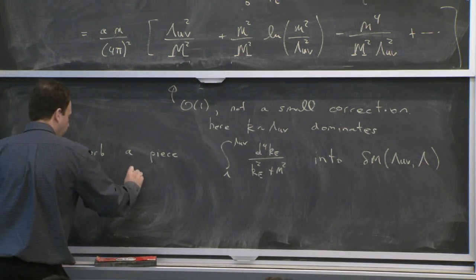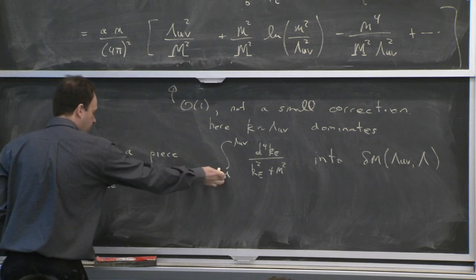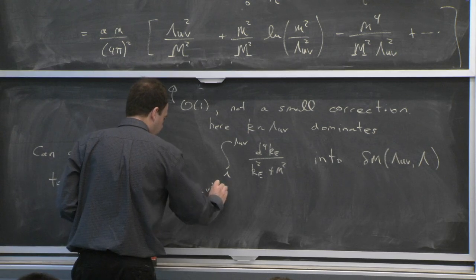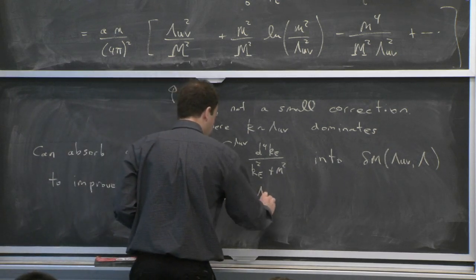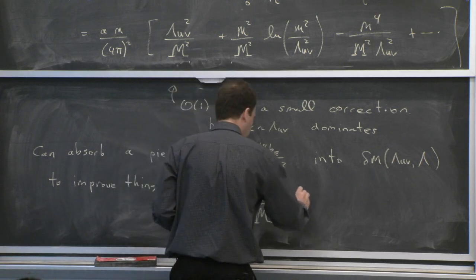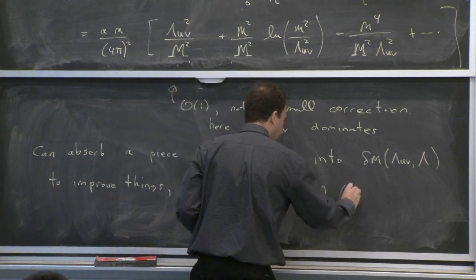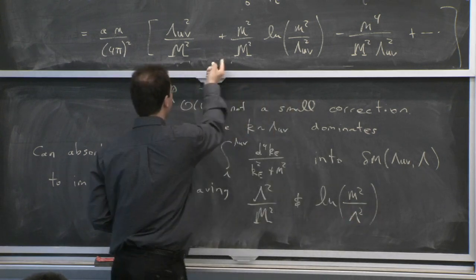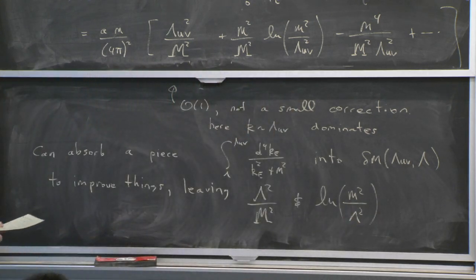And that does improve things, because then I can lower this cutoff, make it smaller. And what is left would just be lambda squared over capital M squared and log of M squared over capital lambda squared. So I changed the lambda UVs up here into lambdas by that procedure.